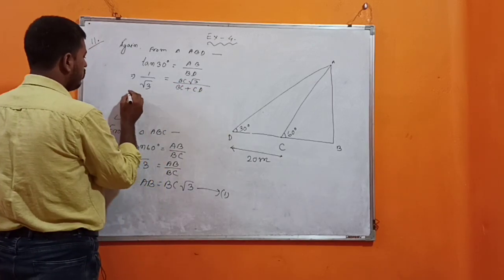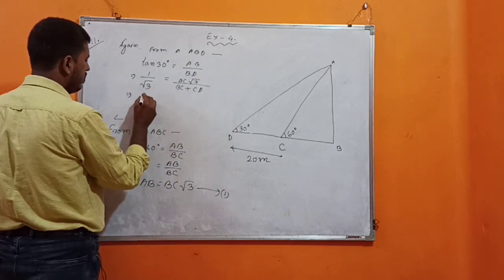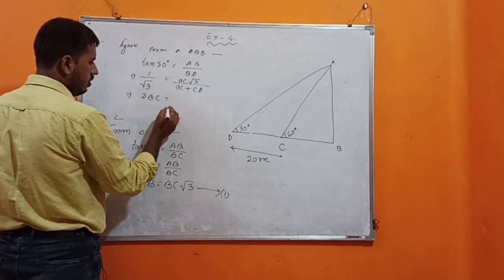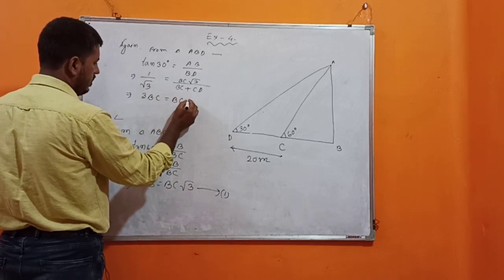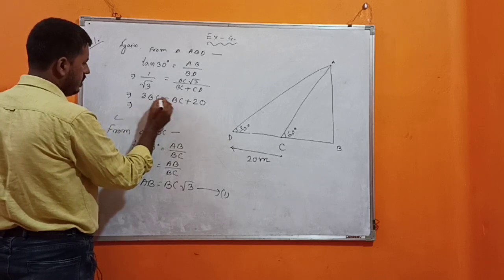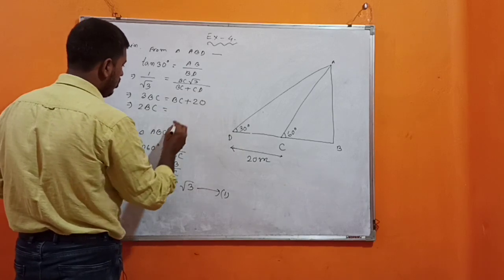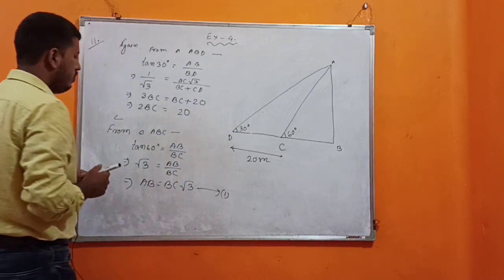Okay, now through cross multiplication we will get root 3 into root 3, here is 3 BC equal to BC plus CD, here is 20. So if I take BC here, then it will be 2 BC. Okay, 2 BC equal to 20.